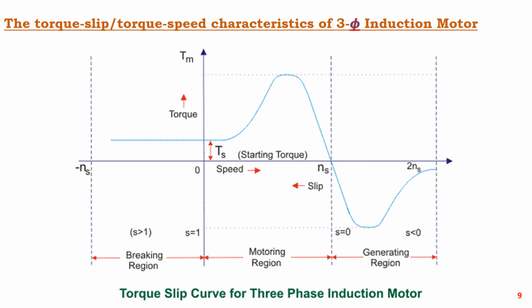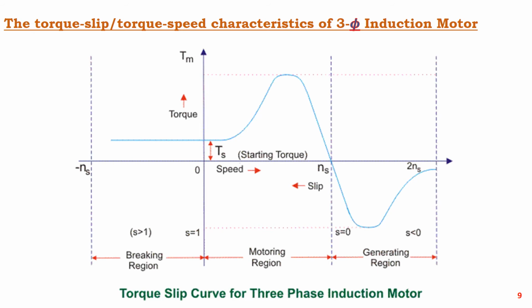The torque slip speed characteristics of three-phase induction motor are shown in figure. Here there are three regions present: braking region, motoring region, and generating region. Slip varies from 0 to 1 in motoring region, and if less than 0, then the machine acts as a generating region.